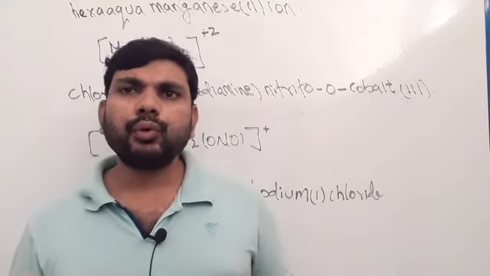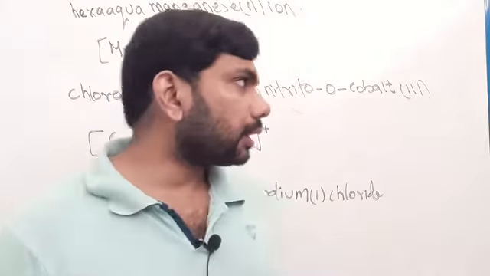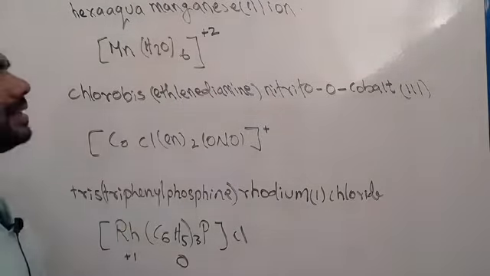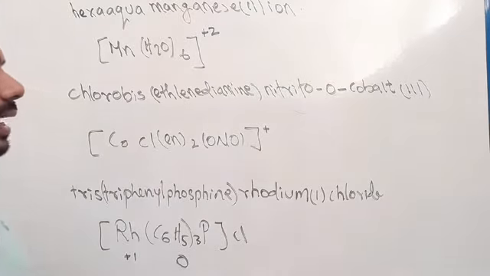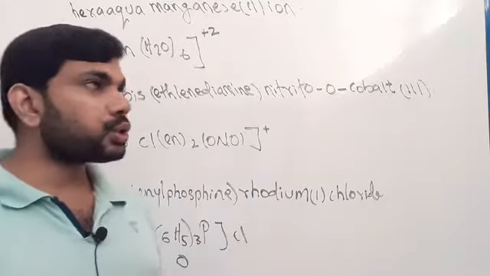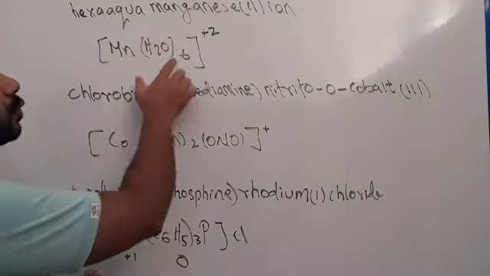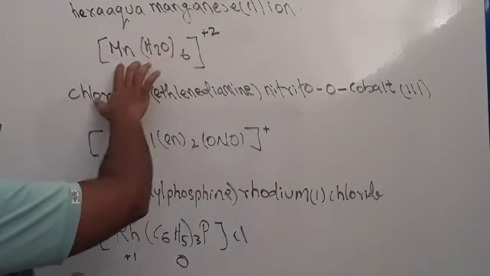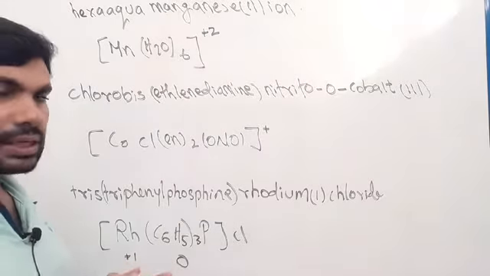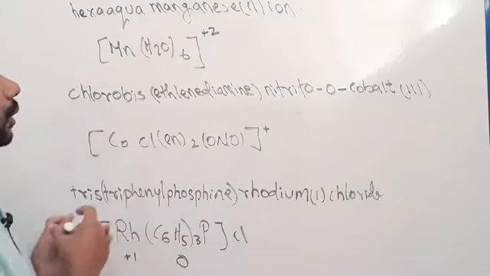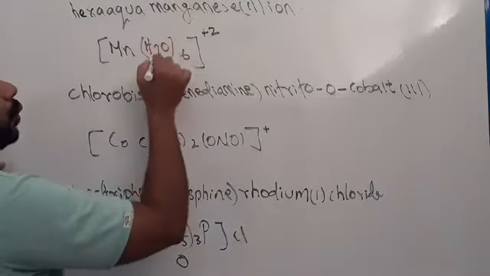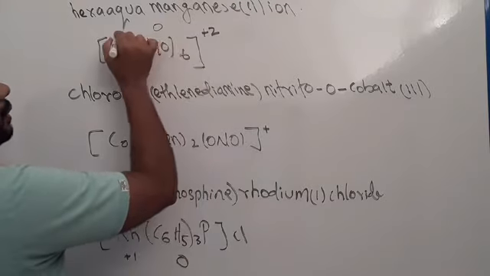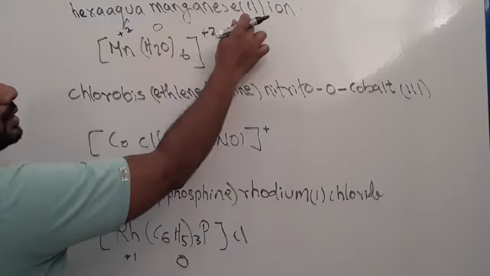Okay, we have a few more examples here. Next one, hexaaquamanganese 2 ion. Hexaaqua means 6 water molecules. We know we have to write manganese first, then hexaaqua. Water molecule's charge is 0 and manganese here will be plus 2 because 2 is given.